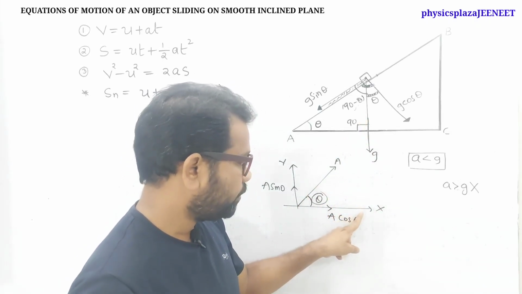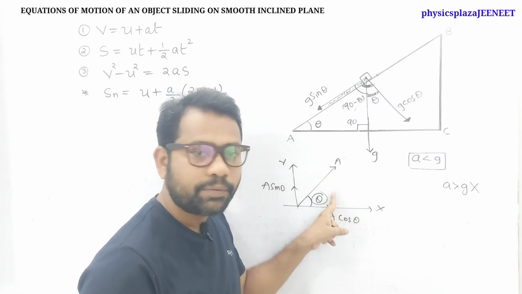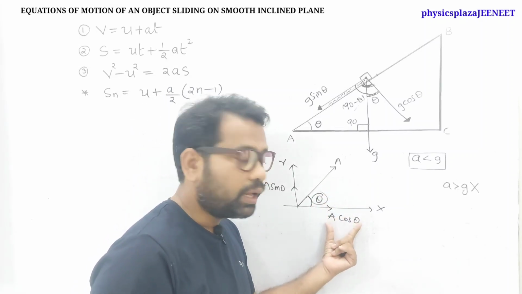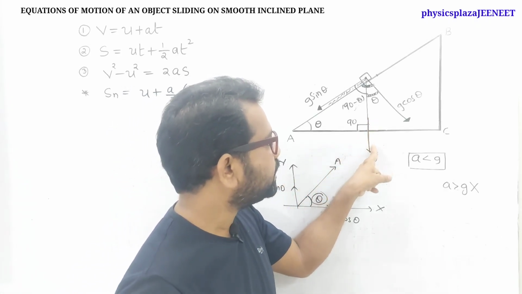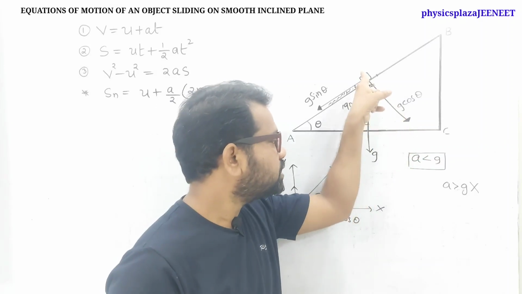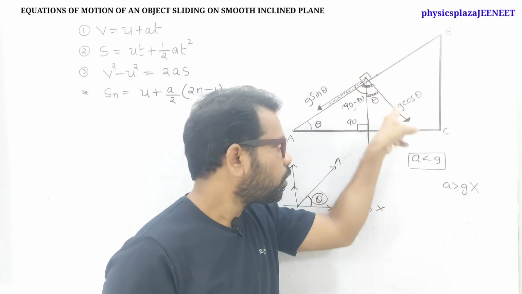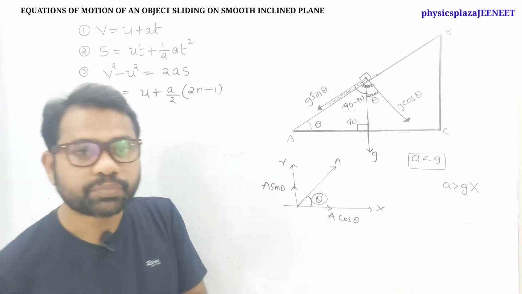The axis with which the resultant is making angle theta, that will be the cos component, and the other will be the sin component. So here this resultant G is making angle theta with this axis, so we take it as the cos theta component and this one will be the sin theta component. Is it clear, children? Okay?